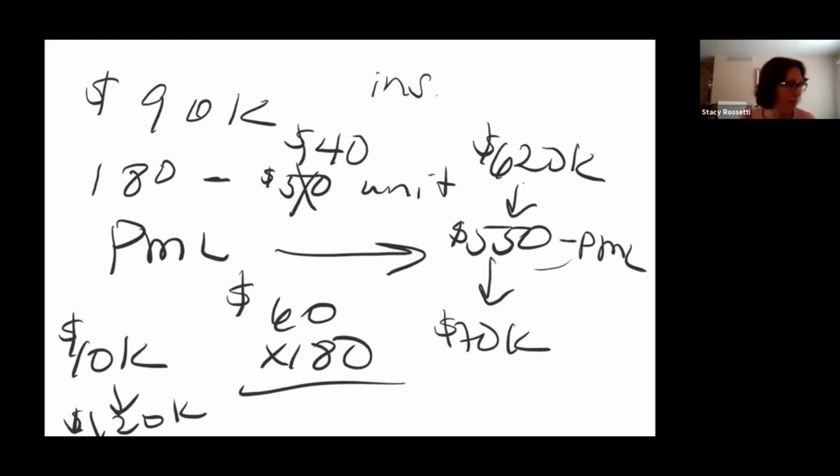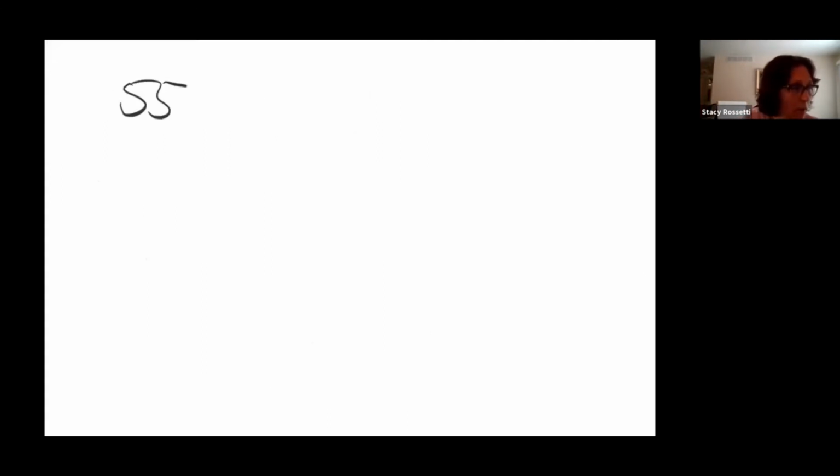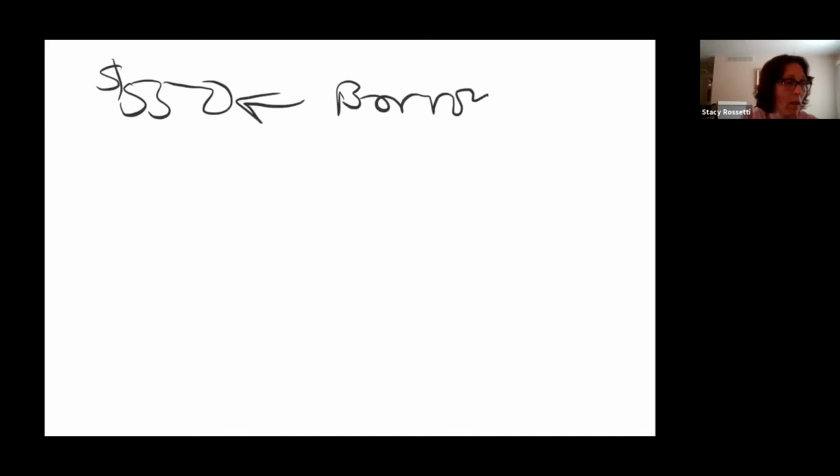All right, so $120,000 is what we're looking at right now. And so basically that's how the project's looking. If we do 550,000, well, actually, I'm going to borrow $550,000, and I'm going to borrow private money, right?